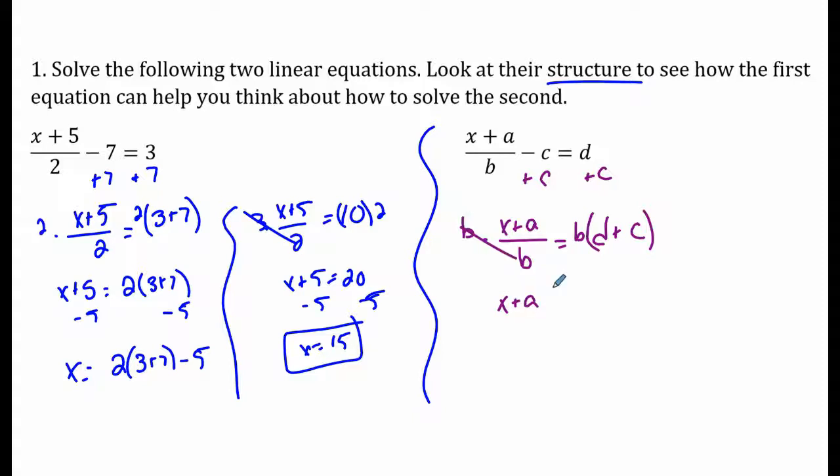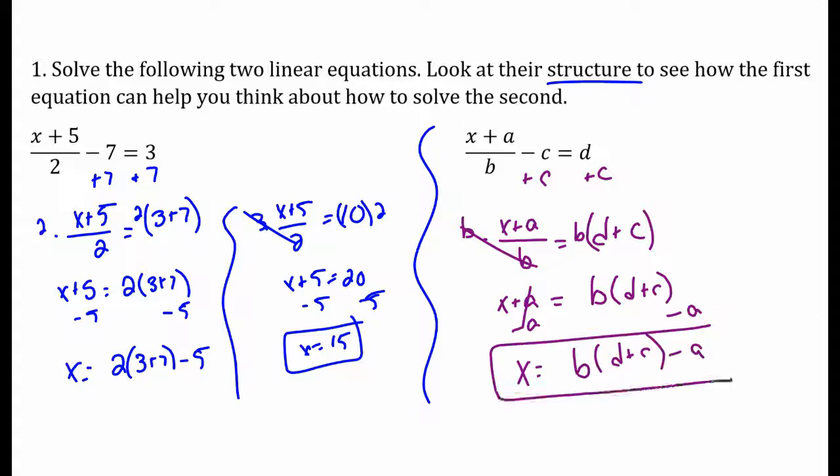X plus a equals b times d plus c. You can distribute it, but you don't need to. You don't need to distribute it there. You can, but it's up to you. And then finally, I need to get rid of that a by subtracting it. So I get x equals b times d plus c minus a. And that's my solution.